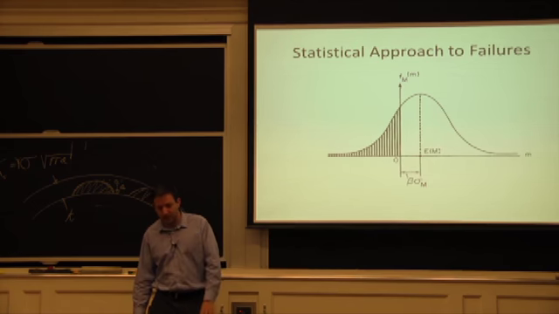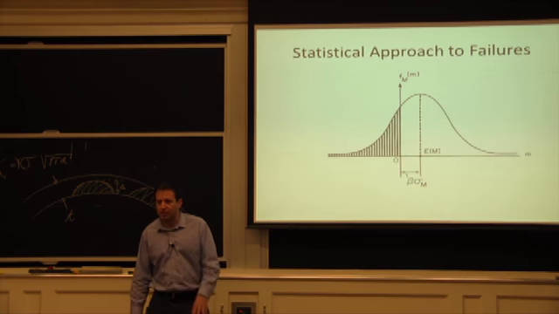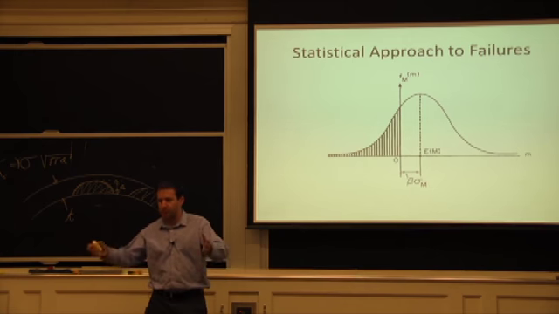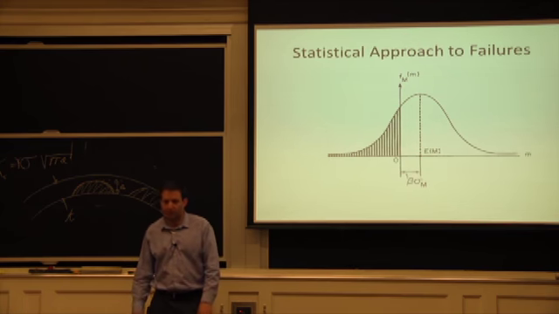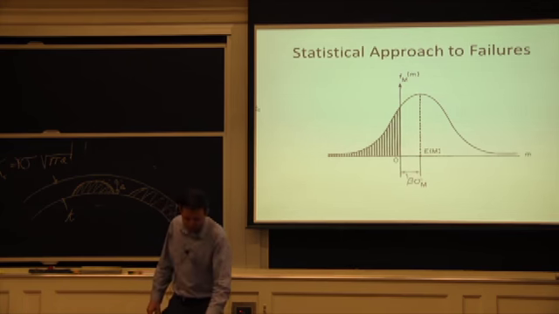So here we're looking at it in 2D, and you probably remember 1 standard deviation, 2 standard deviations. If you are away by 1 standard deviation, 60-something% of your failures are going to be within that range, plus or minus 1 standard deviation. So that's a little bit what this shows here.